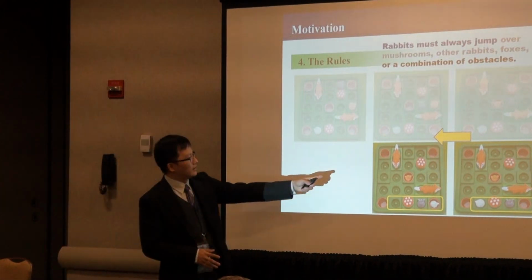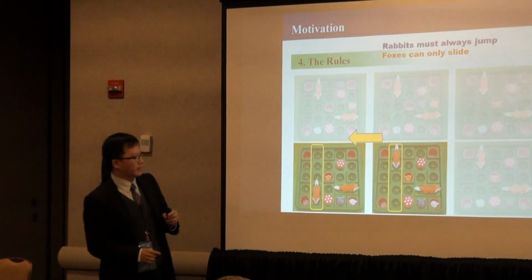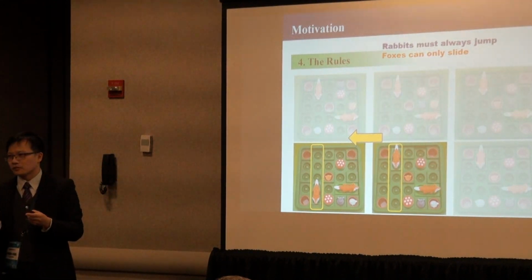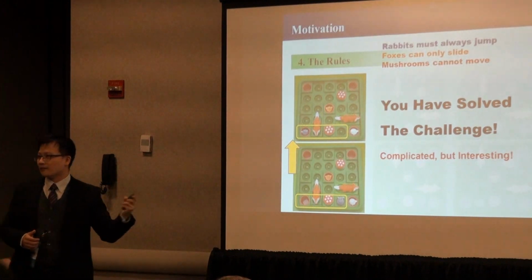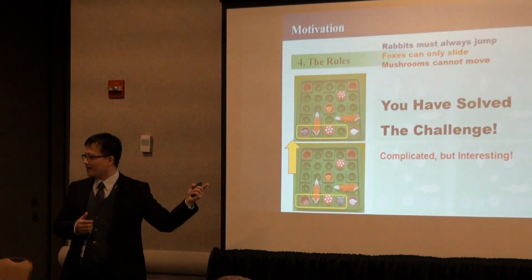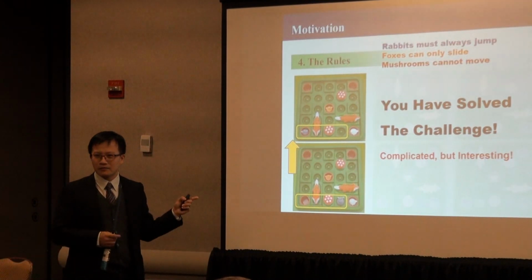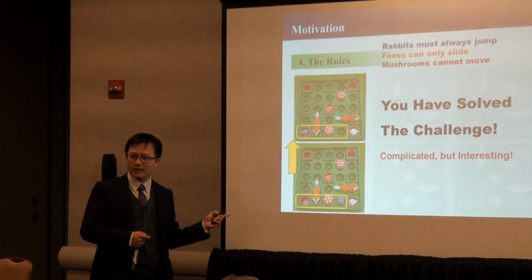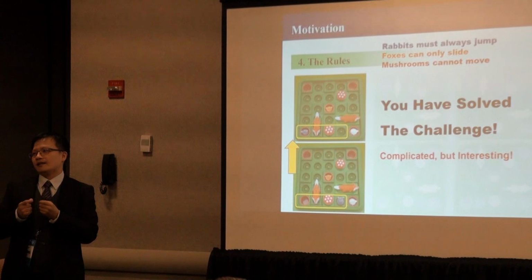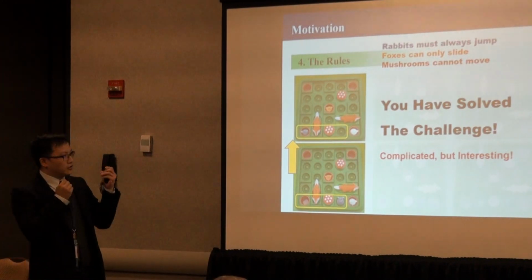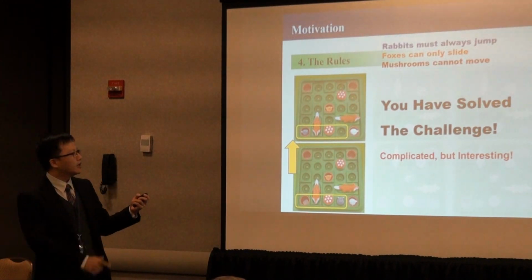Not only this, the fox can slide to help the rabbit find its way home. Finally, you solve the challenge. That's really complicated, but it's fun. So that's the biggest inspiration I got from this puzzle game: difficult problems can be designed as enjoyable challenges.